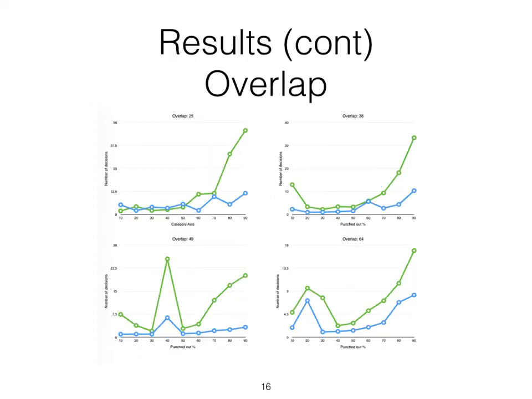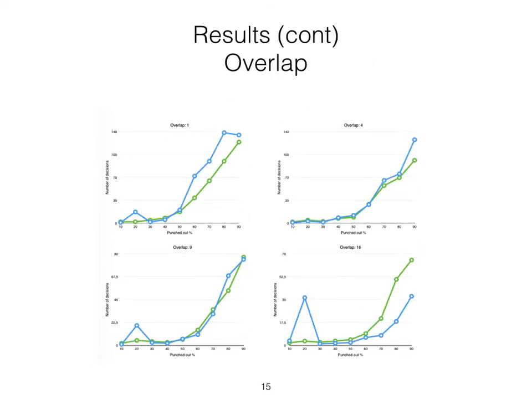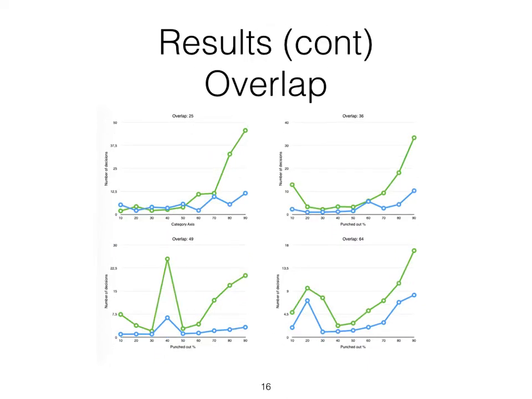If we look at higher overlaps, we see that the blue line is always lower than the green line. If we go one slide back, this is not always the case. This is because the overlap has more information for the separate sudokus than the overlapping one. We can also see that in each overlap graph, as the punched out percentage gets higher, the number of decisions becomes higher, as we discussed before.